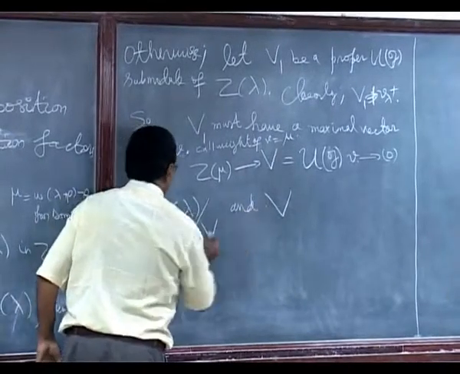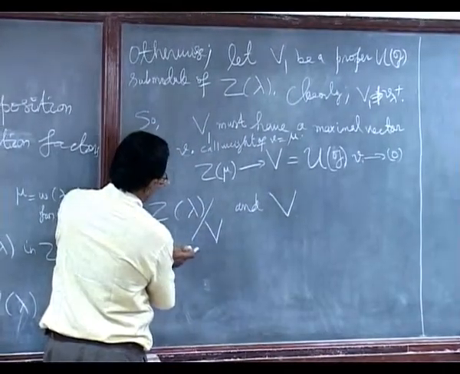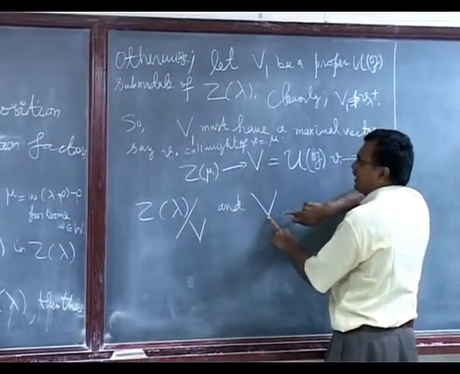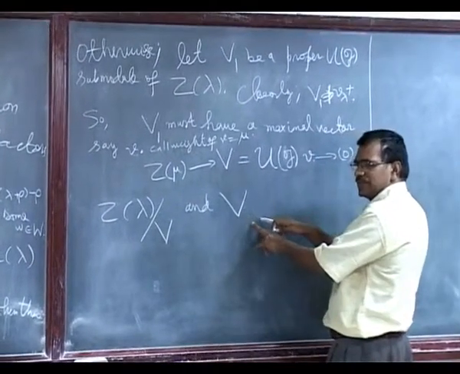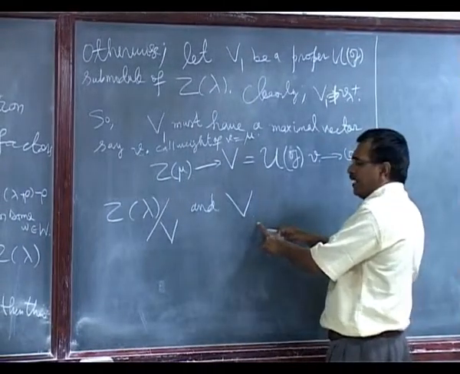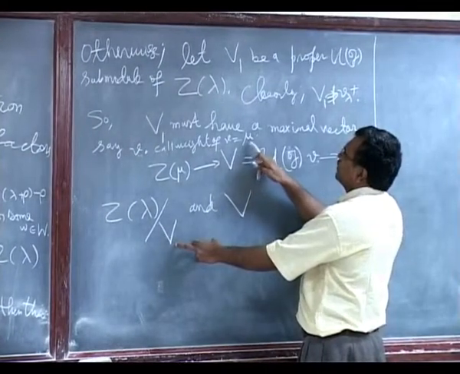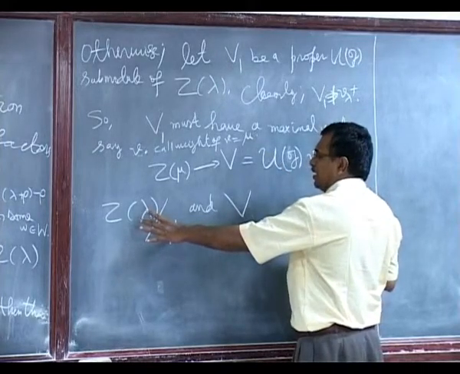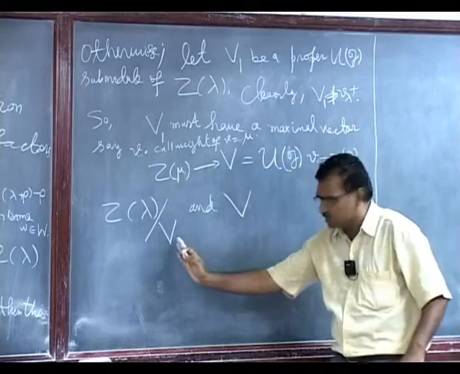So, note that here the multiplicity of the weight lambda is 0, which is less than that. So, I can use induction, and the multiplicity of the maximal weight mu of this is less than the multiplicity of mu in the full module, because there is a mu already here.